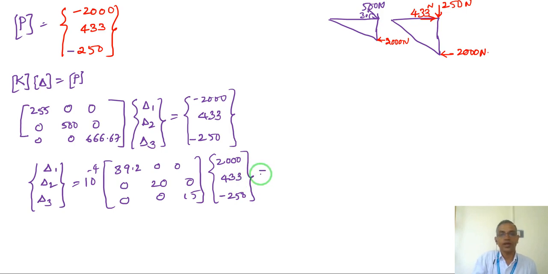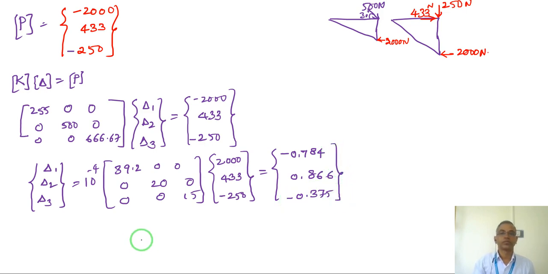So what I get by multiplying this is minus 0.784, 0.866 and minus 0.375. Right? Now, once I get a displacement, I can find the member forces.